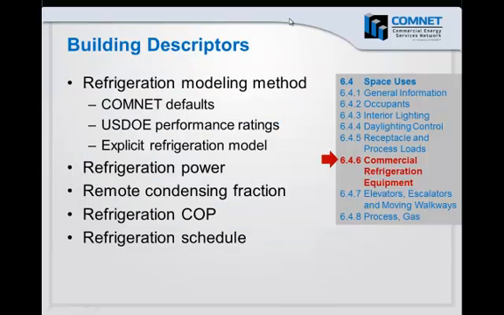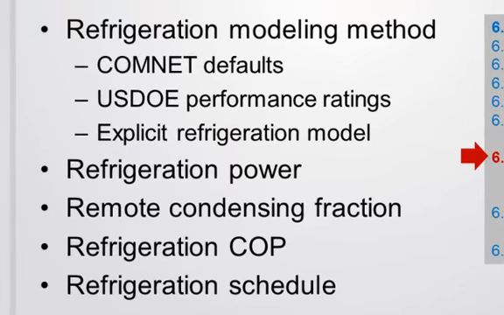So moving on to commercial refrigeration is another area where I think we've made some innovations in COMNET. There's several building descriptors. The first building descriptor is the method that's used to model refrigeration, and we recognize three methods.